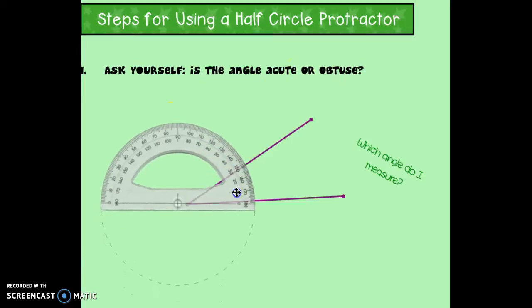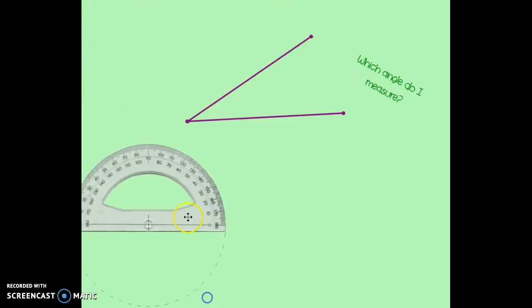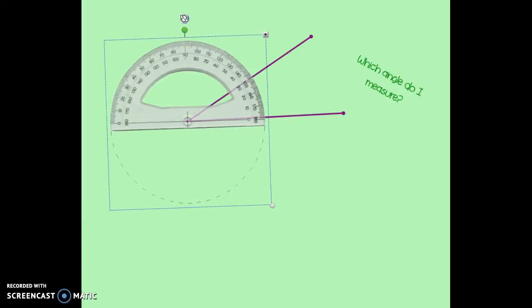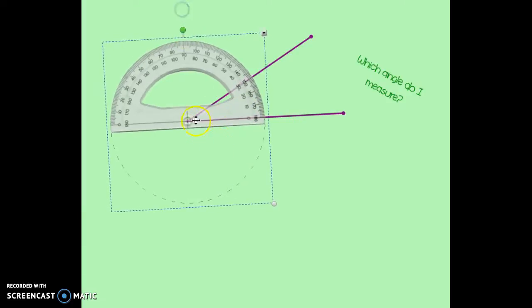So now when I put my protractor, the first thing I need to do is find my vertex, and put my vertex exactly in this hole right here. But as you can see, this line goes straight, and I don't have it lined up right now. So I need to rotate my protractor until I have my circle on my vertex here, and this line is at 0 degrees.